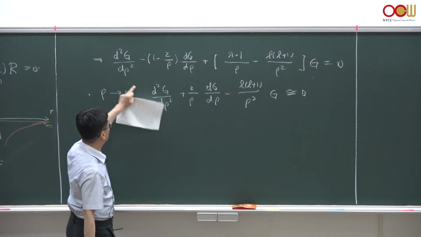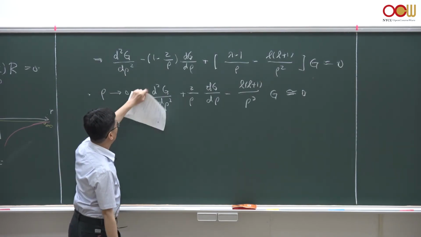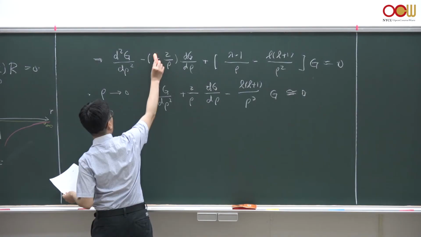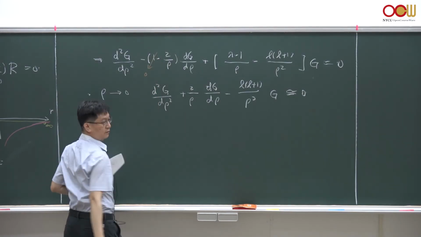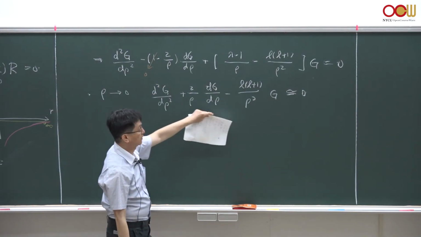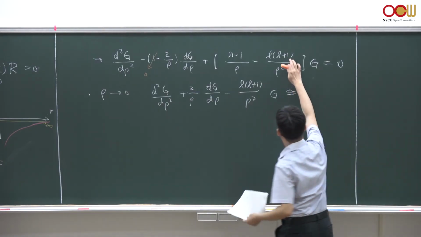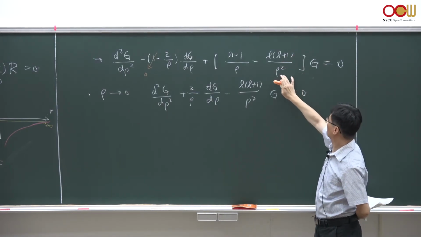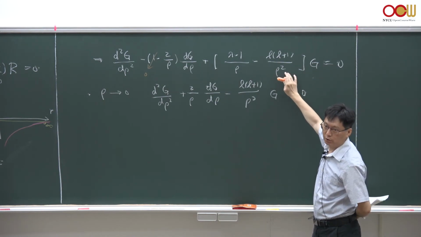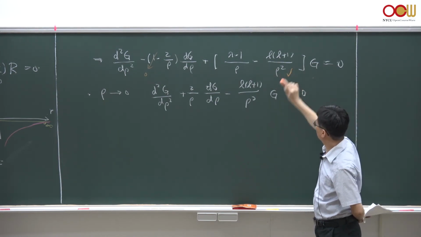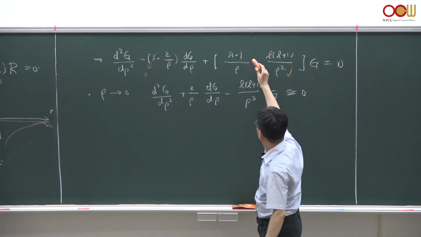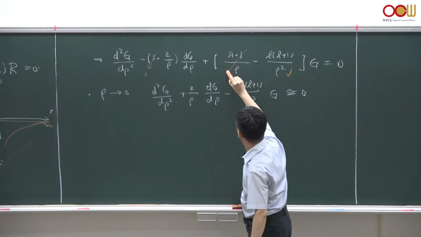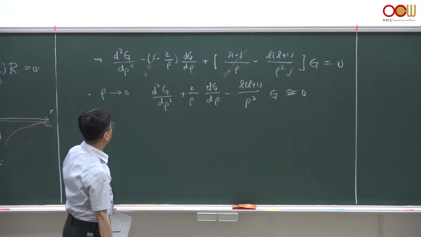I keep the second derivative term. This term is neglected because the leading term here is this 1 over rho squared times L(L+1), because when rho goes to 0, this term dominates. We keep this. We neglect this lambda term.